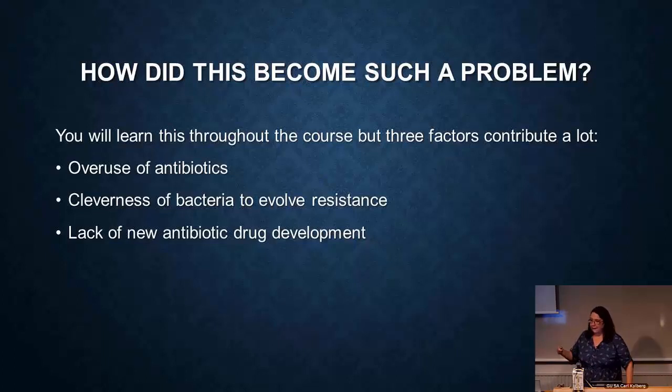Now, as a microbiologist, I'm a little biased because I think bacteria are very clever, but it's absolutely true that bacteria figure out how to become resistant. And then, as you said, the lack of new antibiotic drug development is absolutely a huge impact here. And overuse, I should mention, is in all of these things, in patients, in animals, etc.